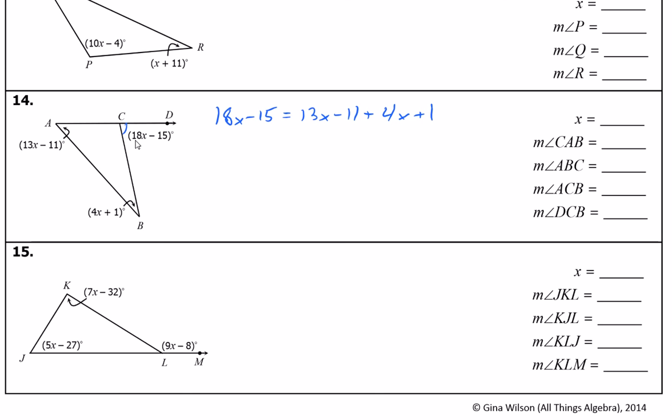Alright, combining like terms, 13x plus 4x is 17x minus 10 still equals 18x minus 15.